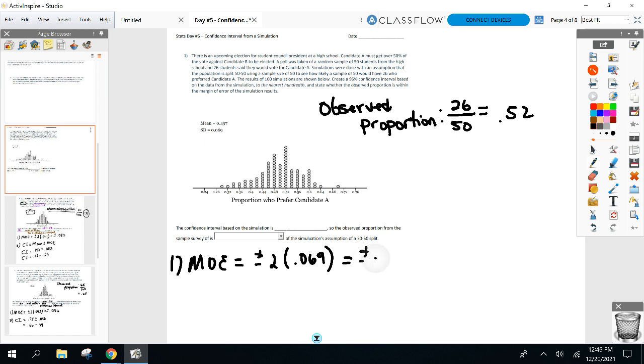Plus or minus 0.138. And then my confidence interval, 0.497 plus or minus 0.138. Again, I'm just getting the mean right off the table.